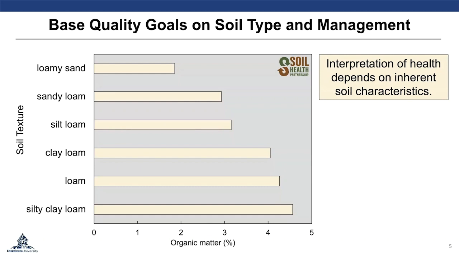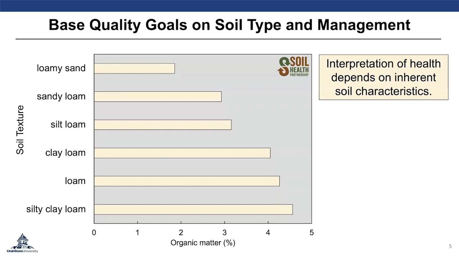So looking at those concepts, we ask the question of, well, how do we improve our soil? So your goals of improving the quality of your soil really needs to be based on your soil type and also your management, just like what we saw on that continuum.